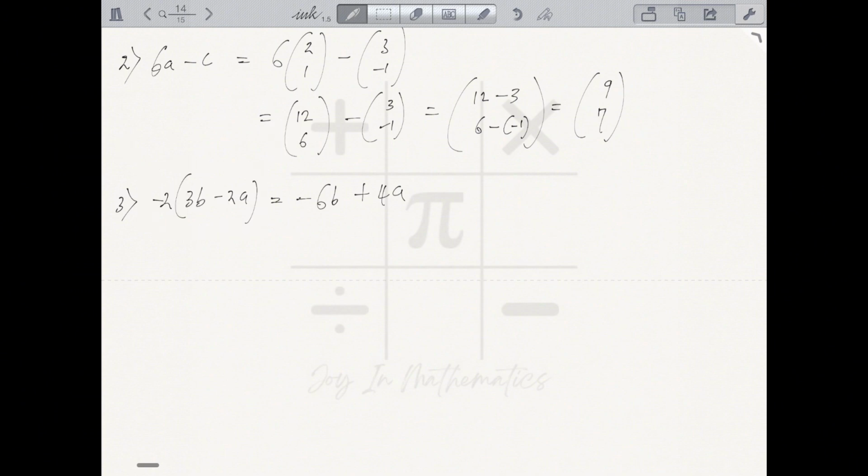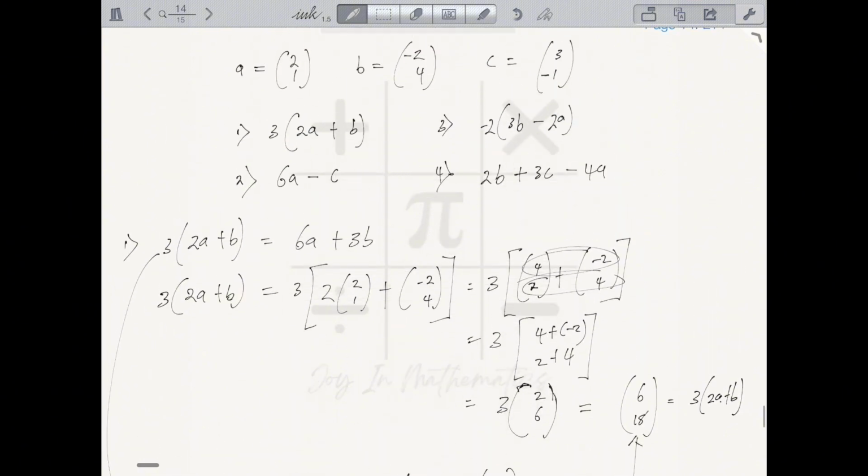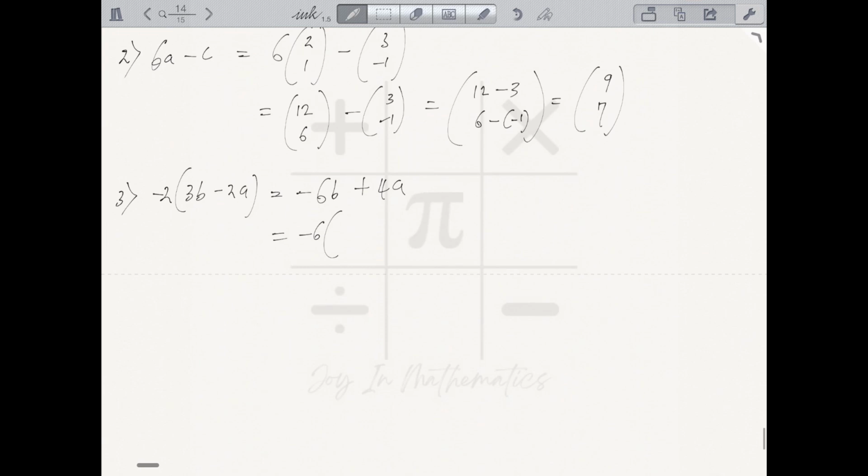All right, so let's substitute our vectors. Our b is (-2, 4), and our a is (2, 1). So moving on, we perform the scalar multiplication here, and this results into -6 multiplied by (-2, 4), plus 4 into (2, 1).